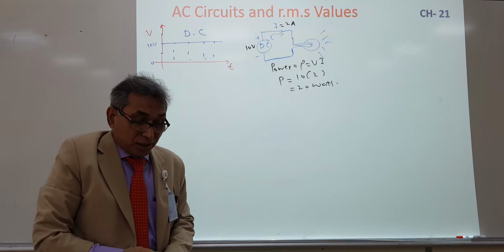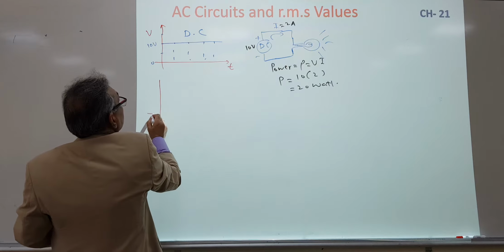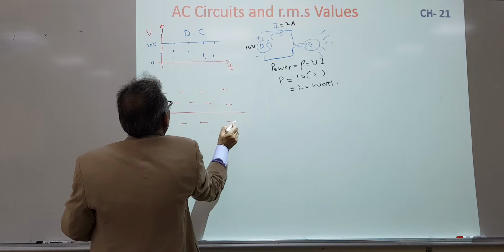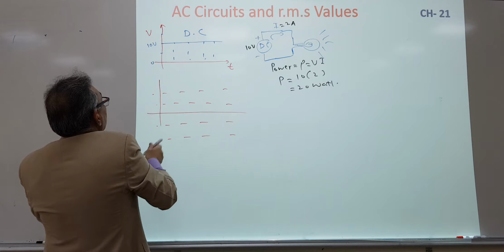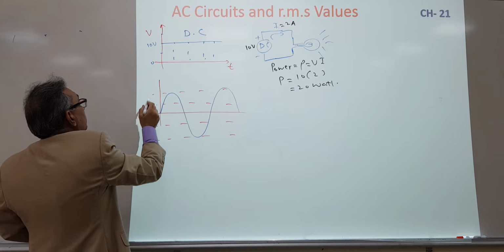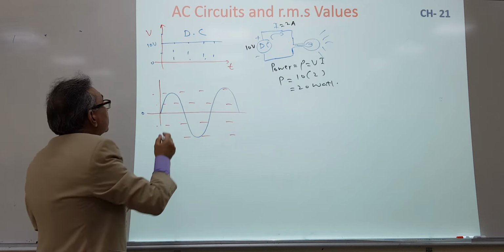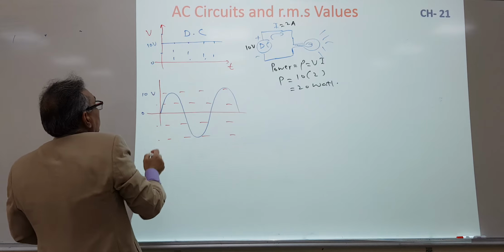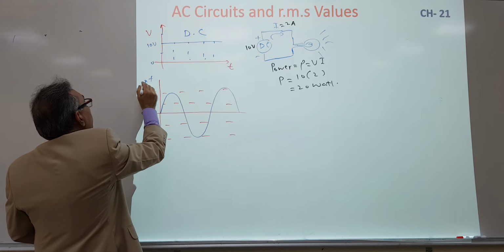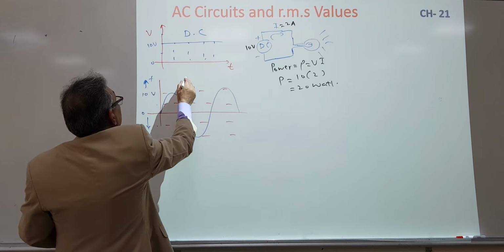But if you look at AC now, alternating current, like this one, for example, you see this is 0, this is the positive side, this is the negative side, and if I say this is 10 volt positive, this side is negative. So why do we call it AC?